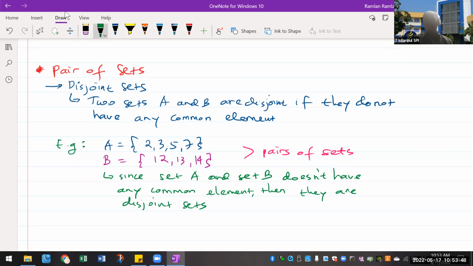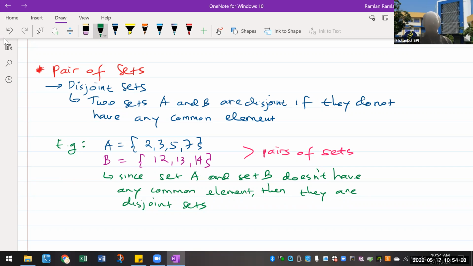Ya, jadi mereka nggak akan bertemu gitu, karena ya beda. Okay, this is the example for disjoint set.